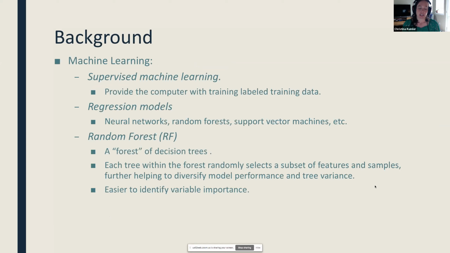So machine learning, I'm not sure the diversity of machine learning backgrounds of the audience here, but I'm going to be discussing methods that are called supervised machine learning, which means that I have to give the machine a training labeled data set that I'm trying to have the model regress and fit.